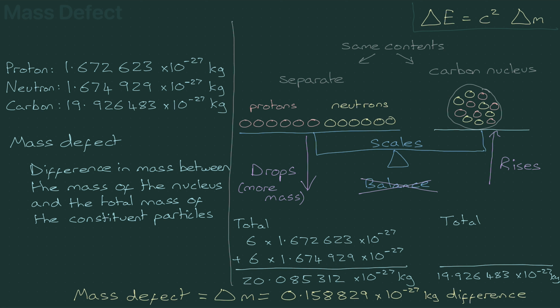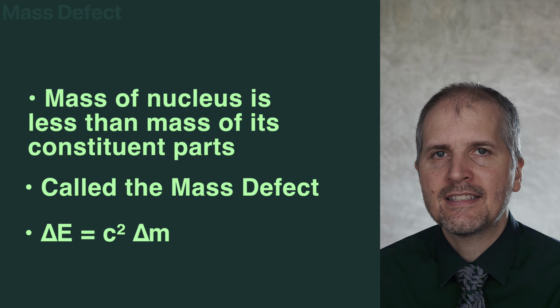Now this is a key finding. The mass of a nucleus is less than the mass of its constituent parts, and the difference, the mass defect, delta M, is the delta M in the equation delta E equals c squared delta M.